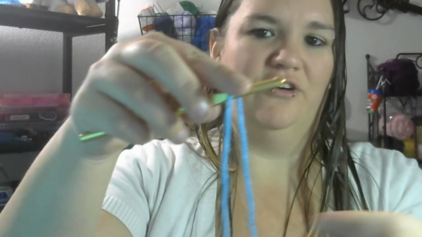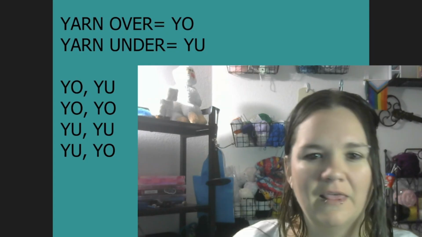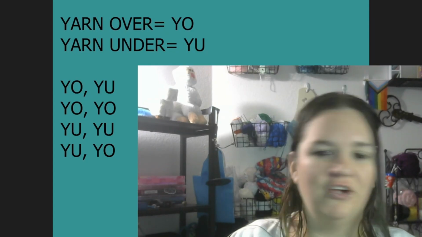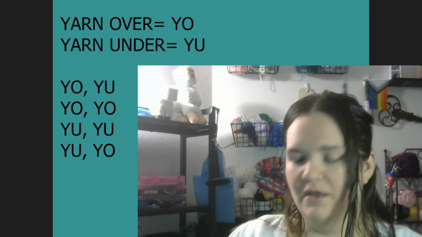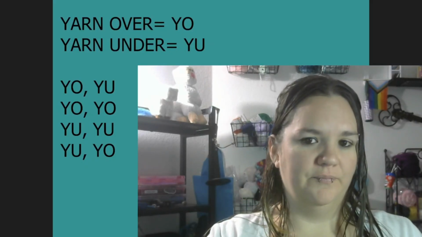Another method I have seen people do is to take their crochet hook, make that same loop, but then take the yarn from either a yarn over or a yarn under, which is our next definition. So yarn over and yarn under refers to how the yarn goes over the hook.